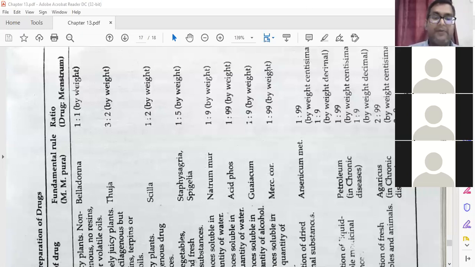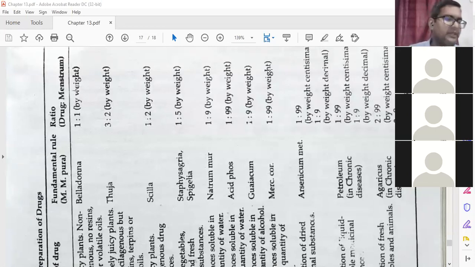Drug power is 1 by 2. We have seen there is some medicinal loss, and that's why the drug power changes. Medicinal loss is 1 by 3 per cubic centimeter. Then duration is 8 days, same as before. Process of potentization is succussion.